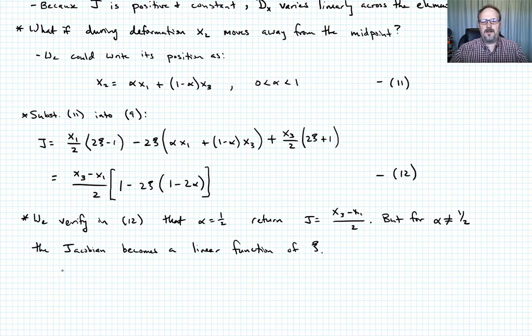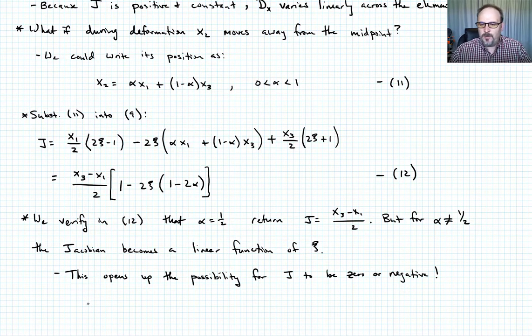Okay, why does that matter? Because this now opens the possibility that we could drive that Jacobian value to 0 or maybe even negative, which is going to correspond to a 0 volume or a negative volume rather.